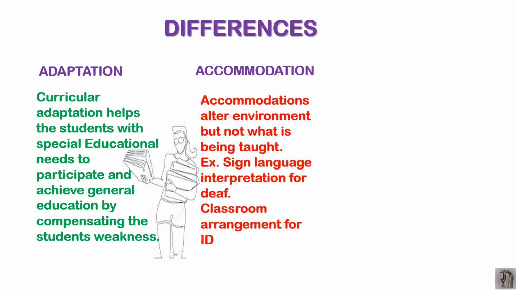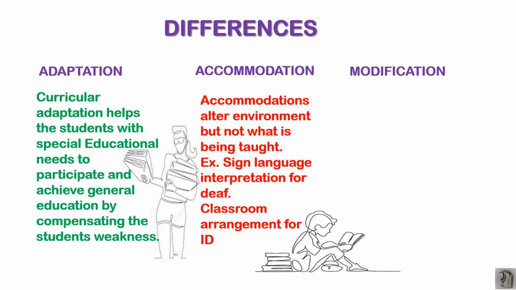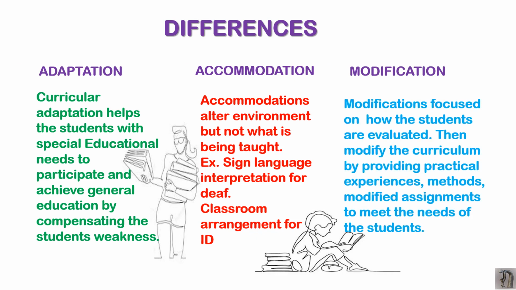Accommodation, when you go out and you ask, can I be accommodated in a hotel? So you try to accommodate somewhere, a place, an environment. And whereas modification focuses on how the students are evaluated. The modified curriculum provides practical experience, methods, and modified assignments to meet the needs of the student.